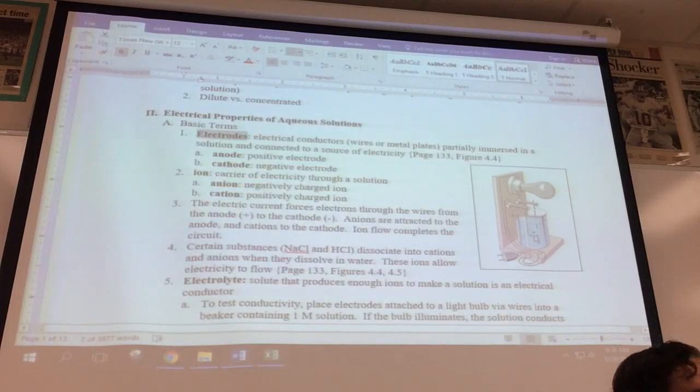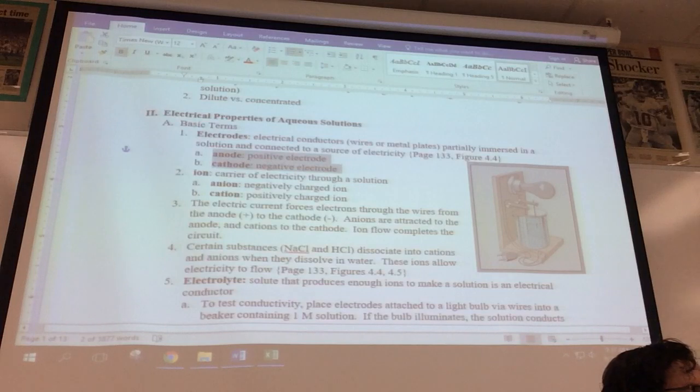And they'll be partially immersed in some type of solution, and they will be connected to a source of electricity. And what you can test here is whether the light bulb illuminates from the solution in question, and we'll take a look at that. Some of the other terms are listed here.